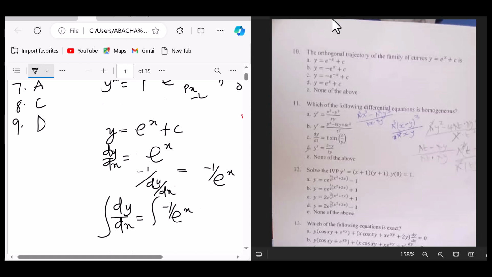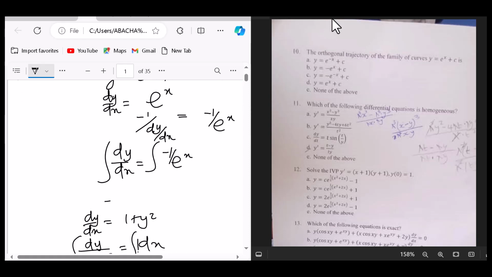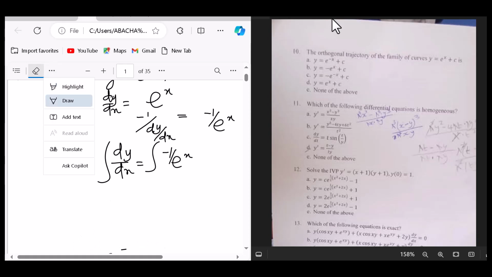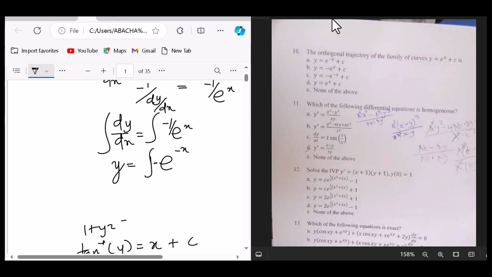So we integrate to get our y. This will imply that we have y equal to the integral of e power negative x. Integrating this one, y will be equal to negative e power negative x all over negative 1 plus c.